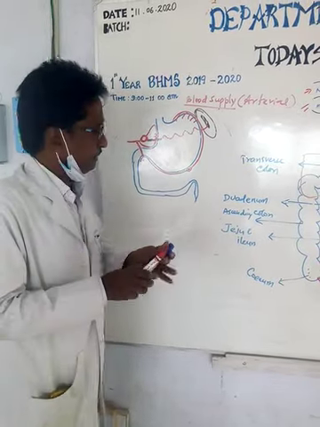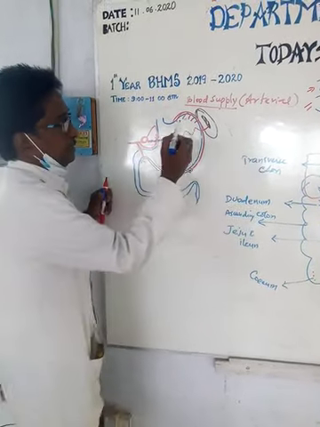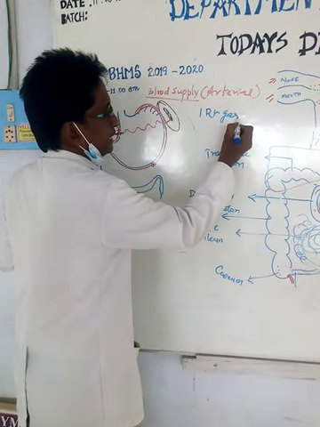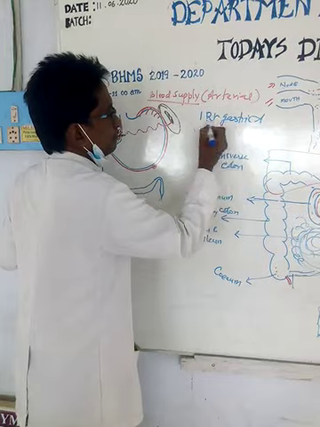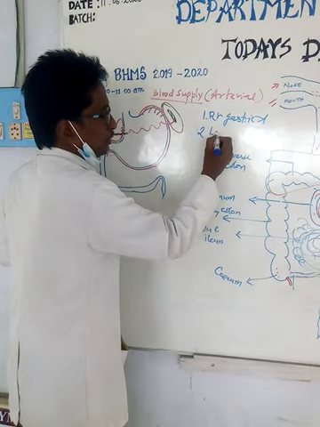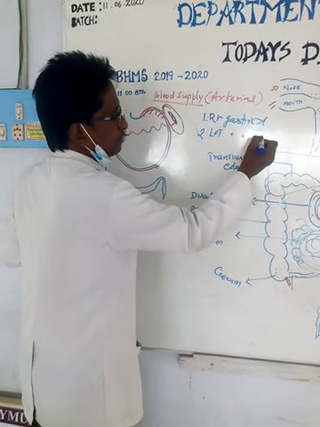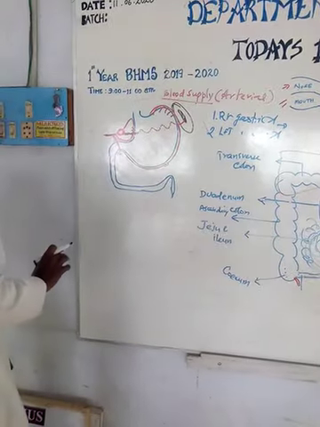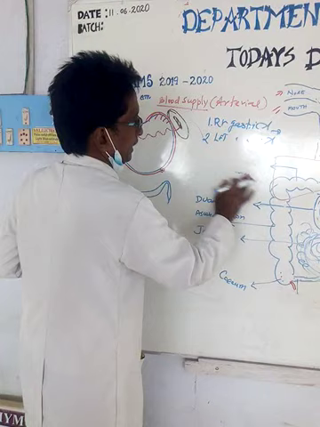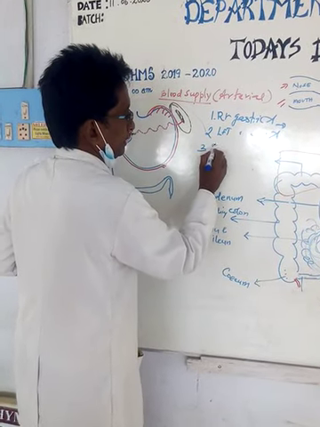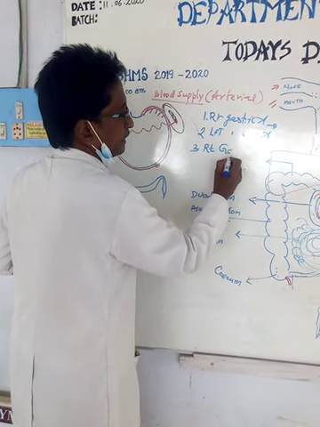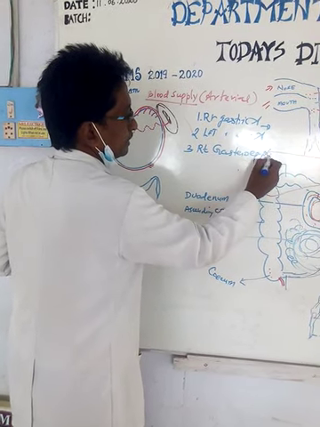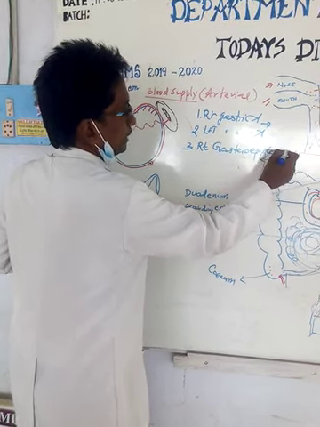First tell what? One by one. Number 1, right gastric artery. Number 2, left gastric artery. Number 3, right gastroepiploic artery.